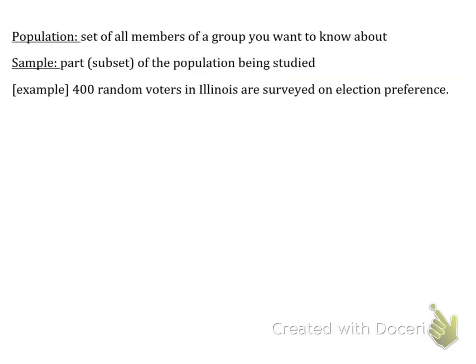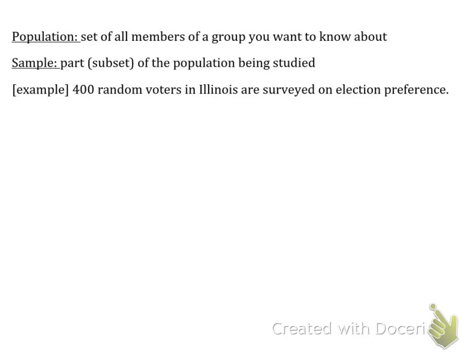All right, a couple more definitions today. A population is the set of all members of a group that you want to know about. So with the birth month at Salida High School question, the population would be all students at Salida High School. And the sample is the part or subset of the population being studied.